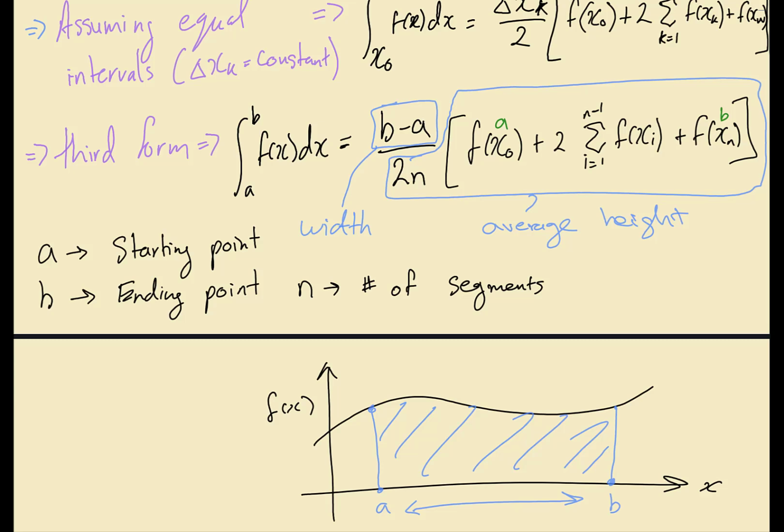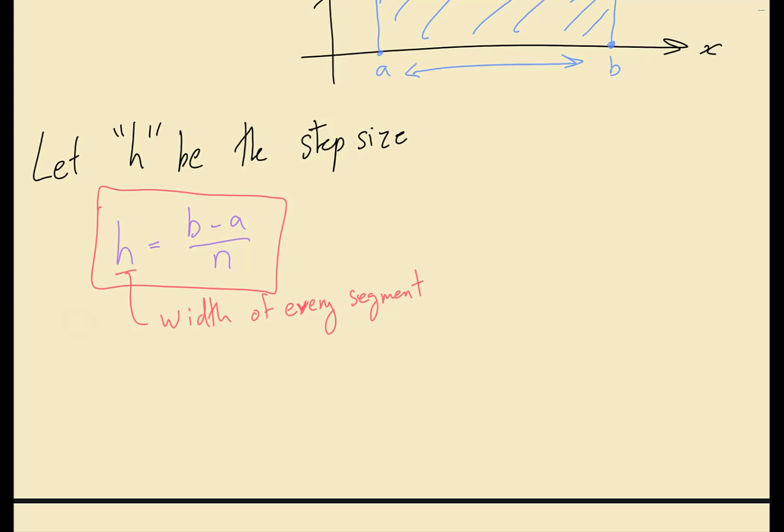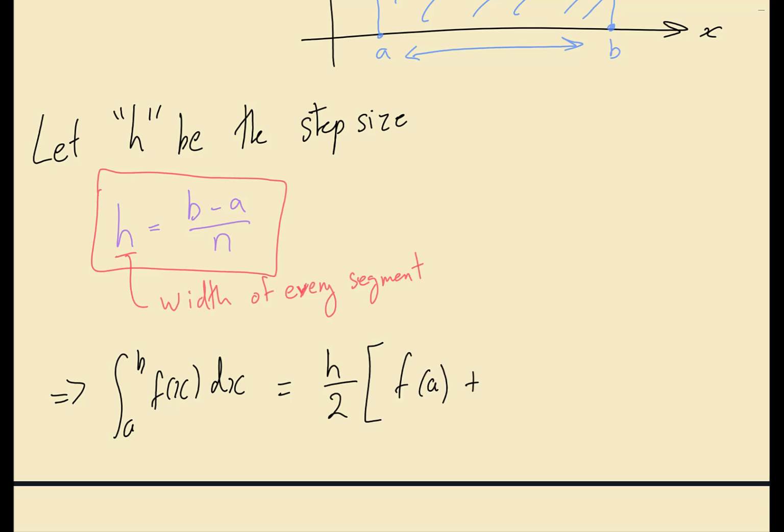So we can write down that equation as well. We have the integral from a to b of f of x dx equal to h divided by 2, and then we have f at a plus 2 times all the terms in between, i equals 1 to n minus 1, f of xi, plus f at b.